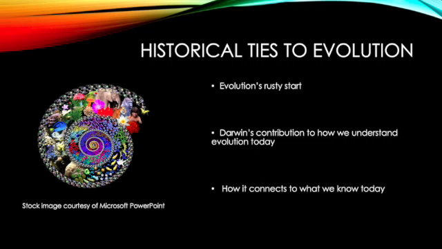A prominent idea in evolution's vast history is Darwin's new suggestion that included a mechanism by which species evolve over time. This theory of Darwin's lacked evidence for heredity and other small details, but his ideas would ultimately help shape the understanding of how we know species evolve today.